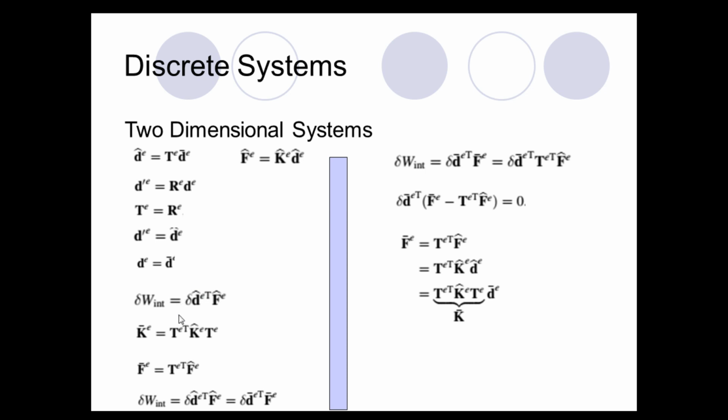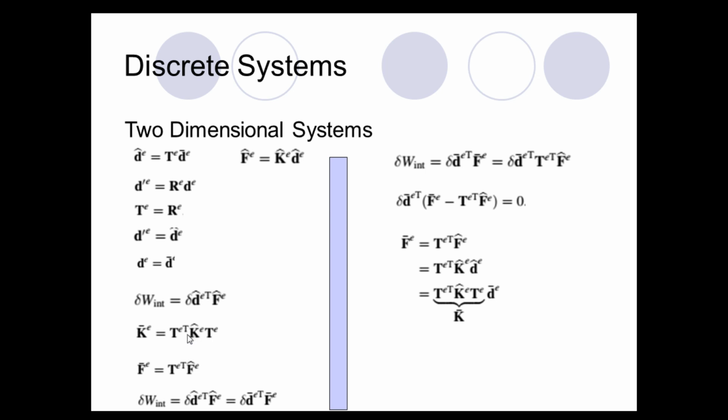Of course I can write the stiffness matrix in rotated or transformed coordinates as this: Te transpose, where T is the transformation matrix in an element-wise manner, ke hat is the stiffness matrix in the untransformed coordinates, multiplied by the Te.